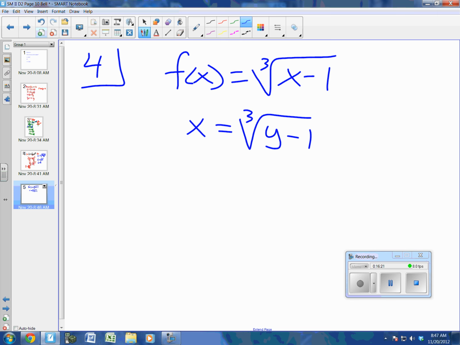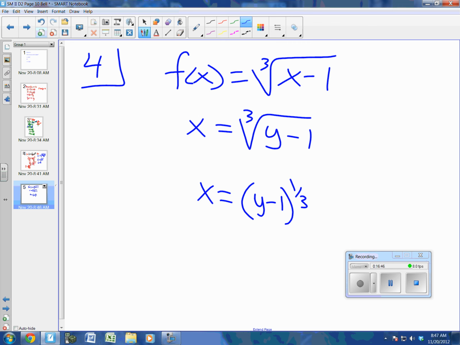There's my inverse, but I have to solve it for y. How am I going to get rid of the cube root, Andrea? Not to the 1/3 power. To the 3rd power, yeah? Because this already says y minus 1 to the 1/3 power. Because if I wrote it as a rational exponent that we learned at the first of the year, remember that?